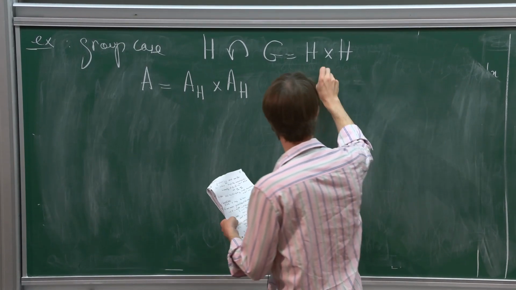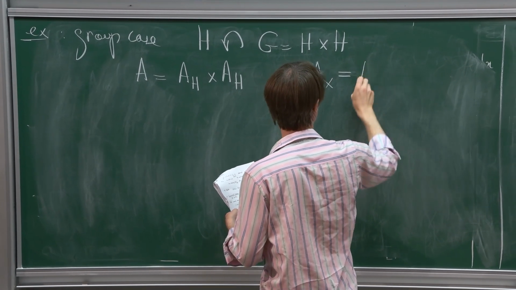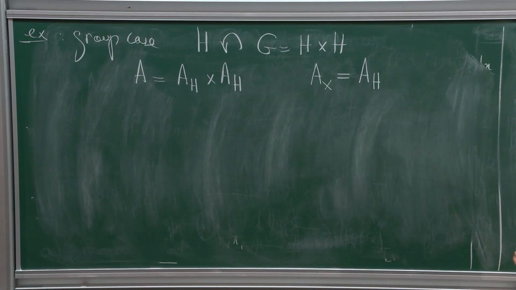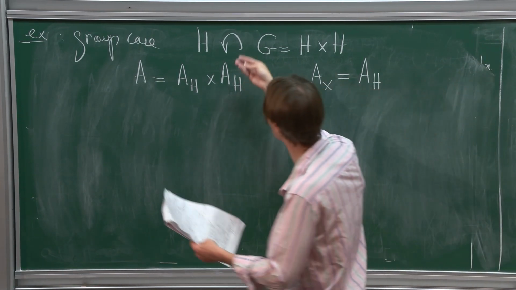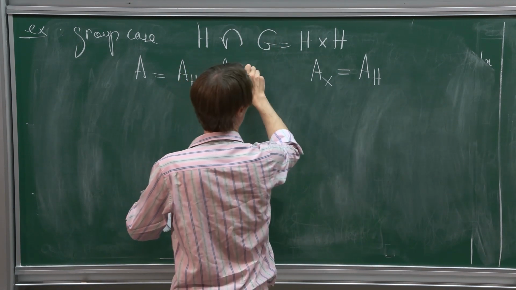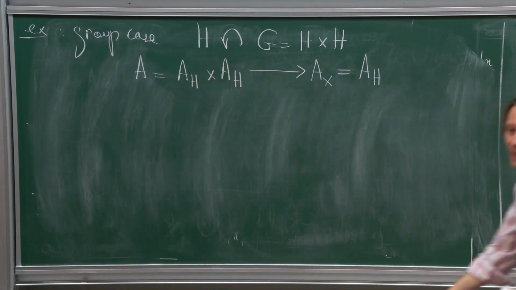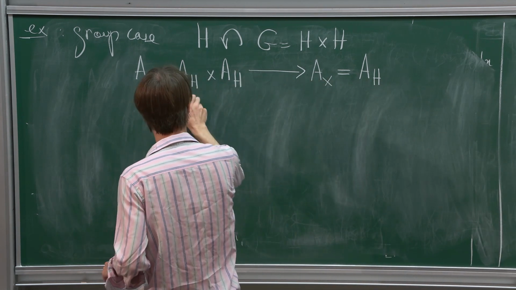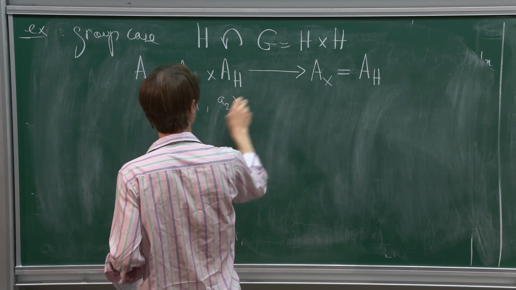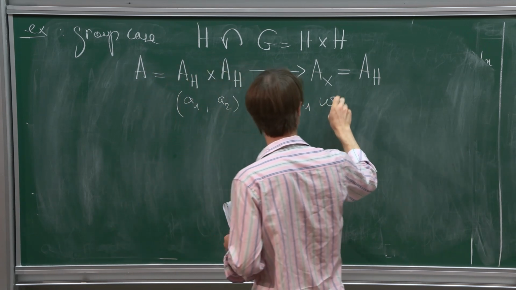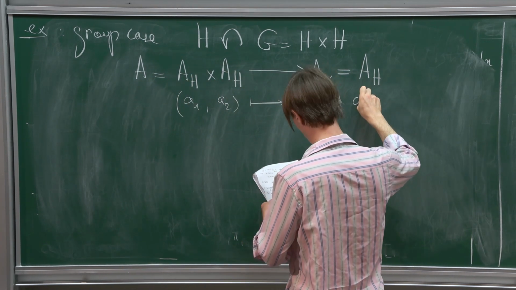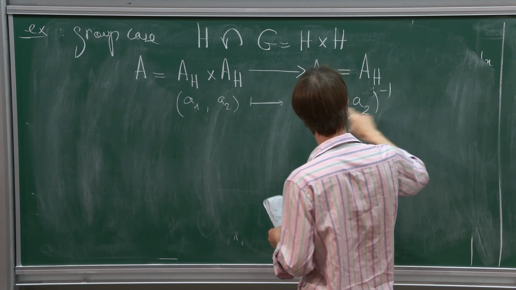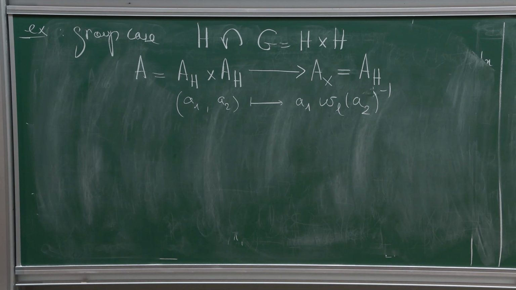And A_X is a quotient, and it turns out that A_X can be identified with A_H itself, which is good news because we would like to recover the canonical Cartan of H. But the map here is not just a product; it's slightly twisted. So it sends (a1, a2) to a1 times a2 conjugated by w_L, where w_L denotes the longest element in the Weyl group.